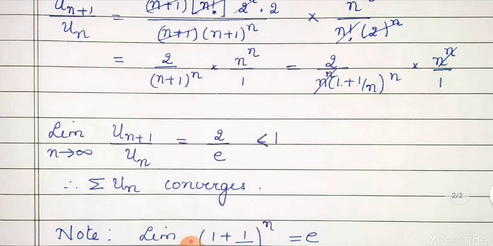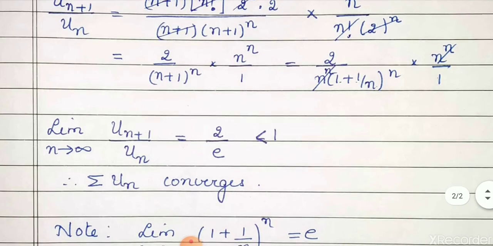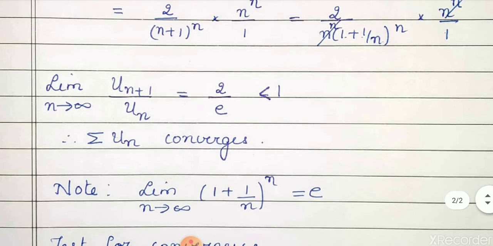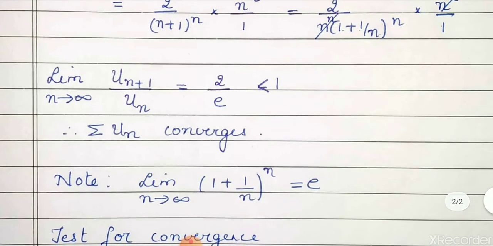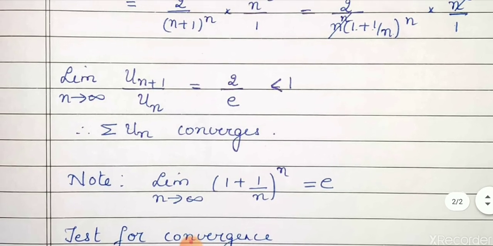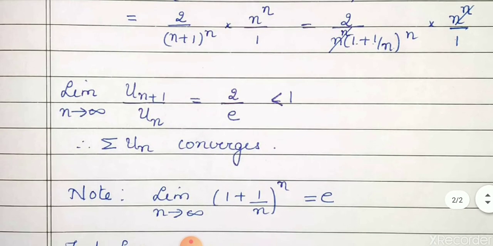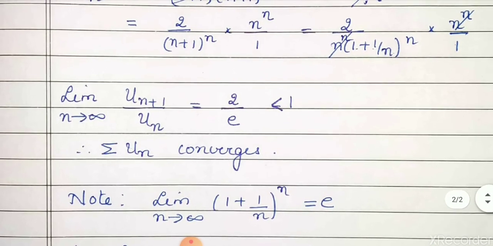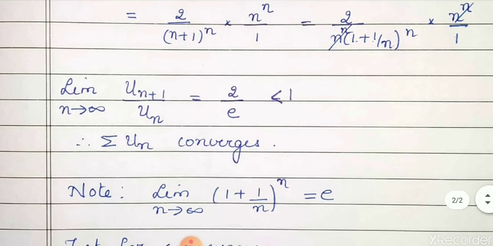Denominator has 1 plus 1 by n raised to n. And the limit of 1 plus 1 by n raised to n is e as n tends to infinity. This is a known standard result which you have already come across earlier in your lower studies. So this answer becomes 2 by e, and the comparison with 1 is, this is less than 1.